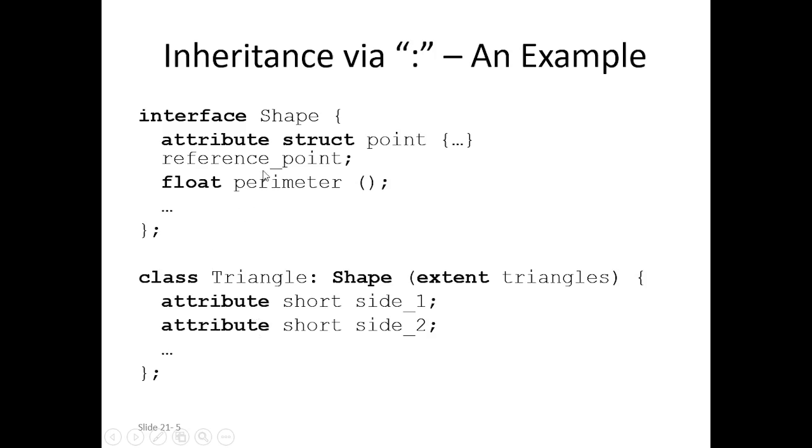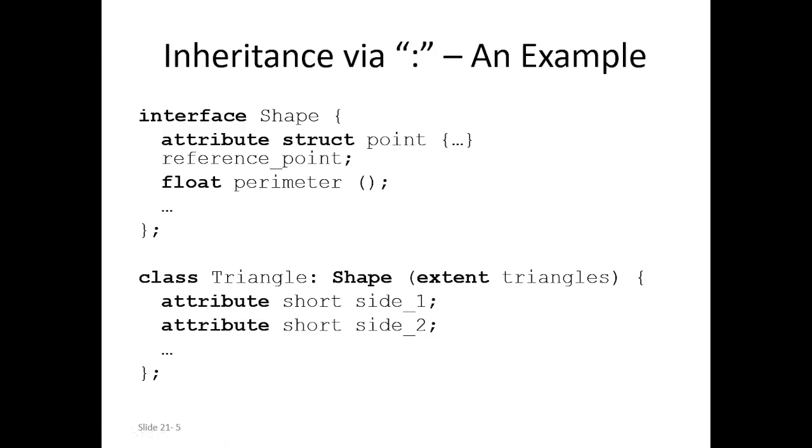Here this shape is an interface and it is non-instantiable. That is, no objects can be created based on this interface directly. However, objects of type rectangle, triangle or circle can be created, and these objects inherit all the operations of the shape interface.